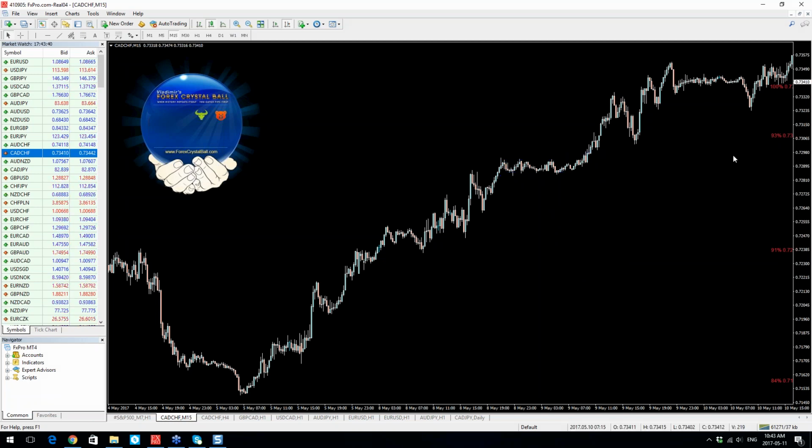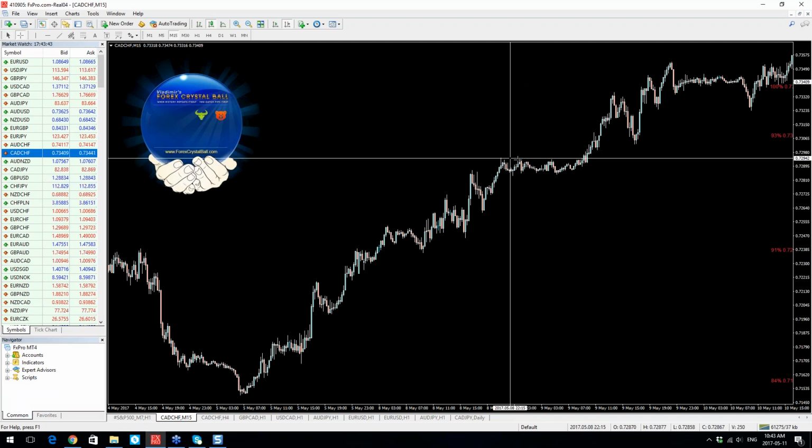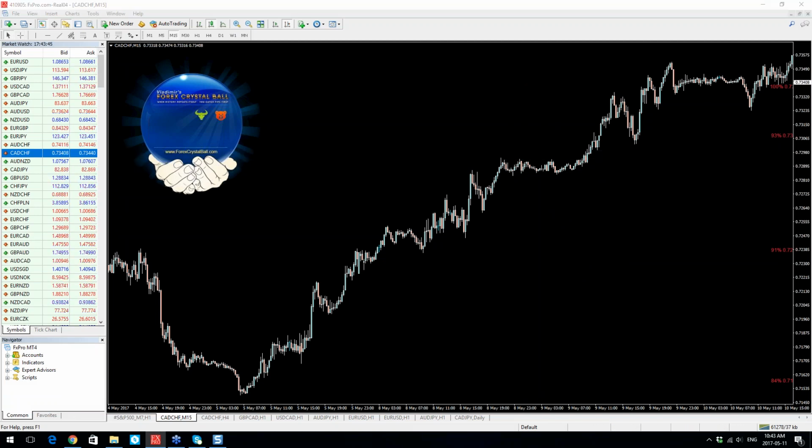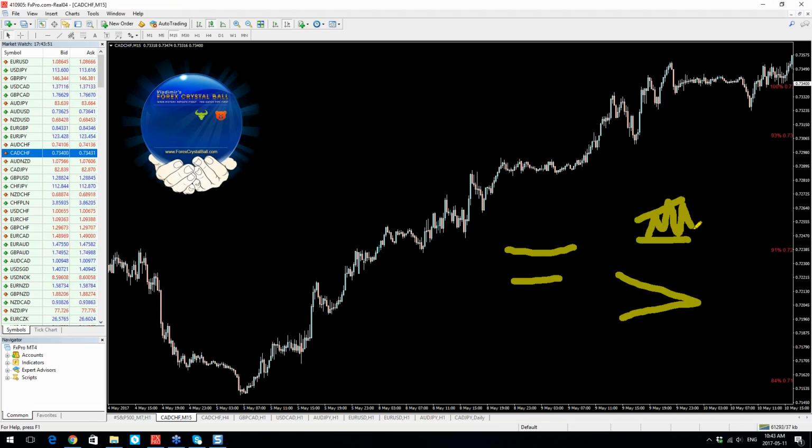6 spots inside the range. Range could be horizontal, it could be like a triangle, it could be whatever you want and can measure. It could be flat, it could be like that. Whatever it is, we don't care. Range is a range.